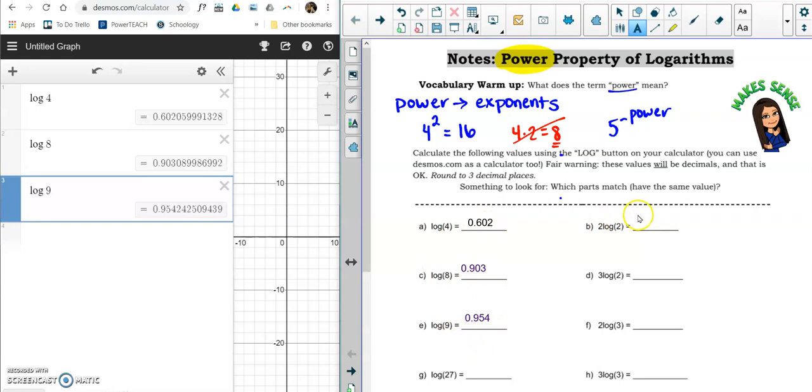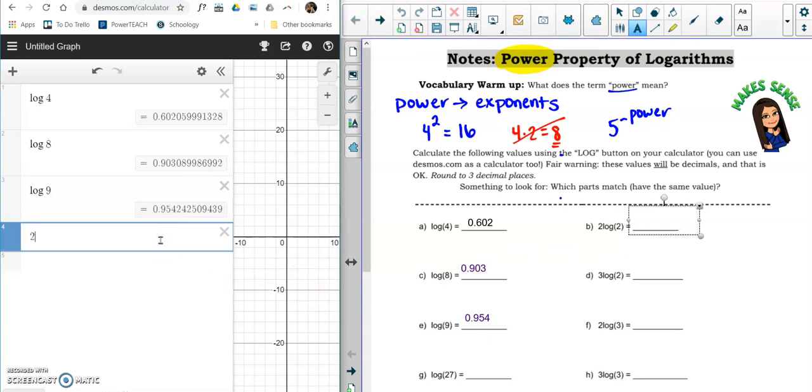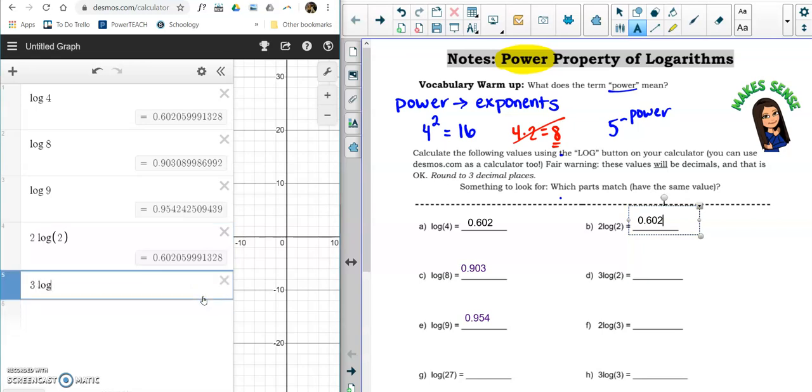Okay, and now let's try these on the right-hand side. So if I do 2, and if I start typing log, again, it's going to do 2 times the log of 2. You can include the parentheses or not. It's totally up to you. It looks like this is 0.602. What if I take the log of 2 and I multiply it by 3? So I do 3 log 2 instead.